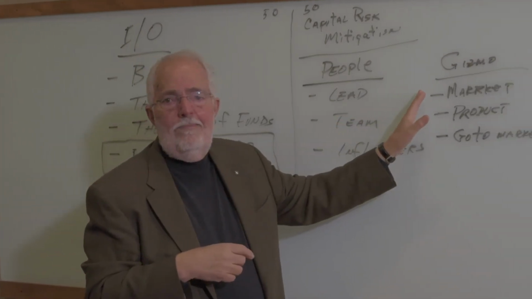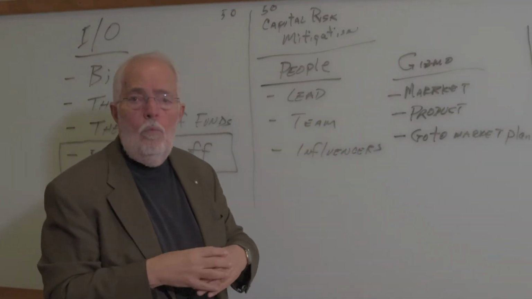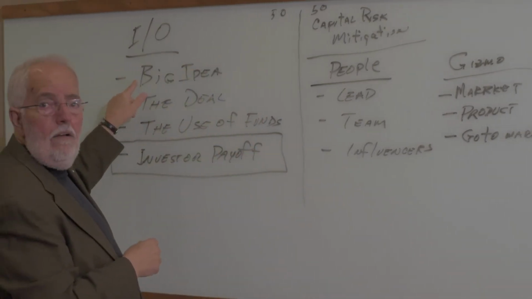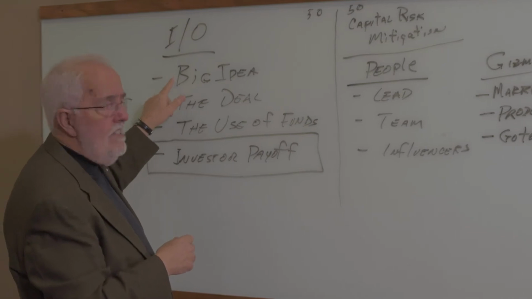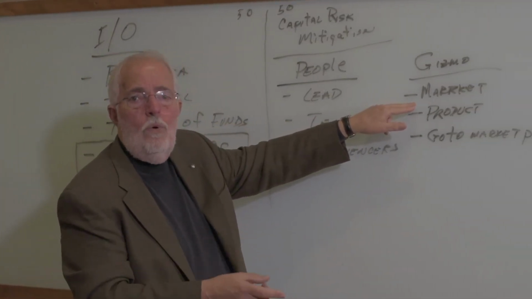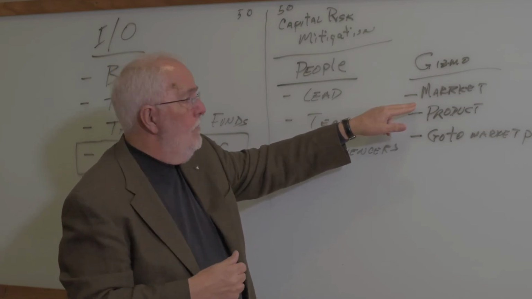The next is gizmo or product. So what is the market for your product based upon this big idea? Is the market sufficient to be able to generate the outcome that I've just promised?